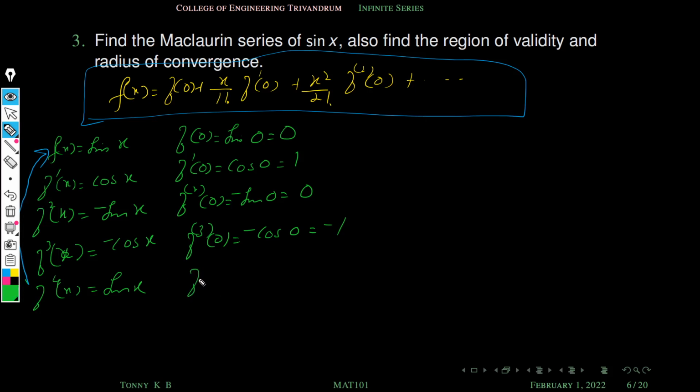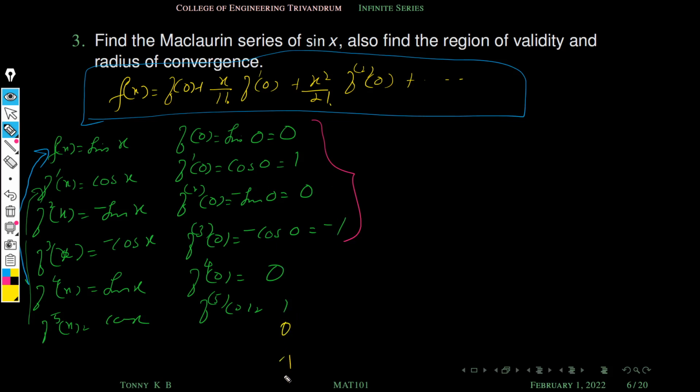So what about f4 of 0? That is the same as sin 0, that is 0. Then what about f5 of x? That is the same as our second one, cos x. So f5 of 0 is 1. So now the pattern is there. After the first 4, it's repeating. Again 0, 1, 0, minus 1 like that.